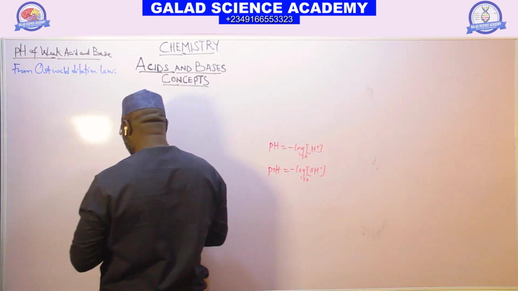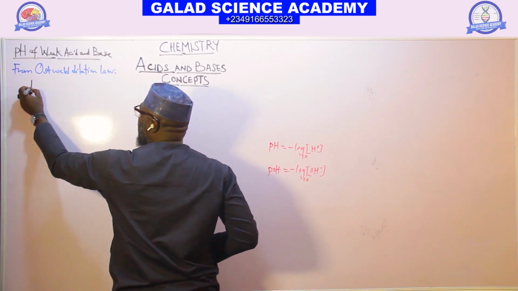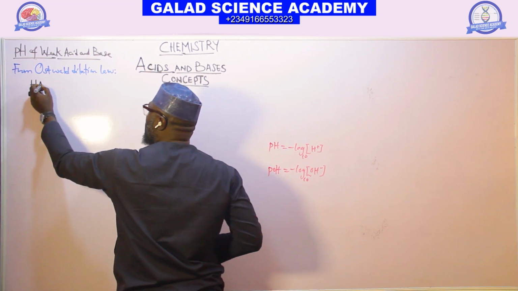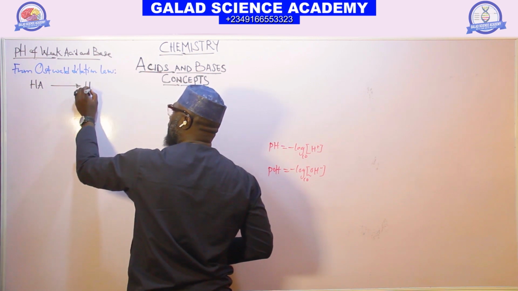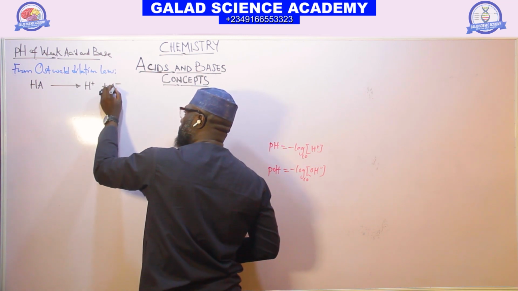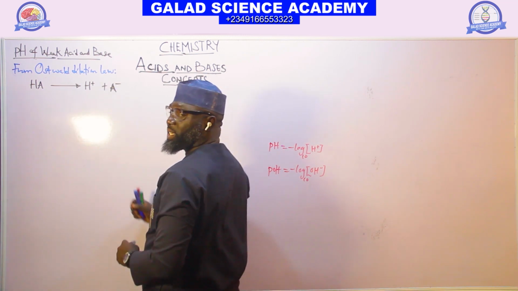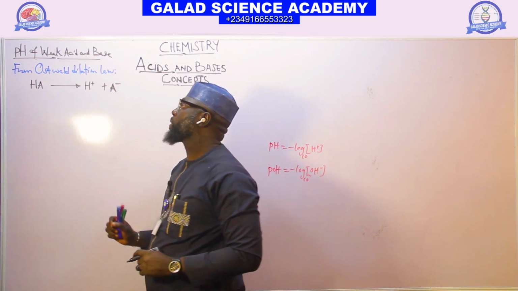From the law, if we have HA, a monobasic acid, and it's ionized to H plus and A minus. I've explained this before on Ostwald dilution law.